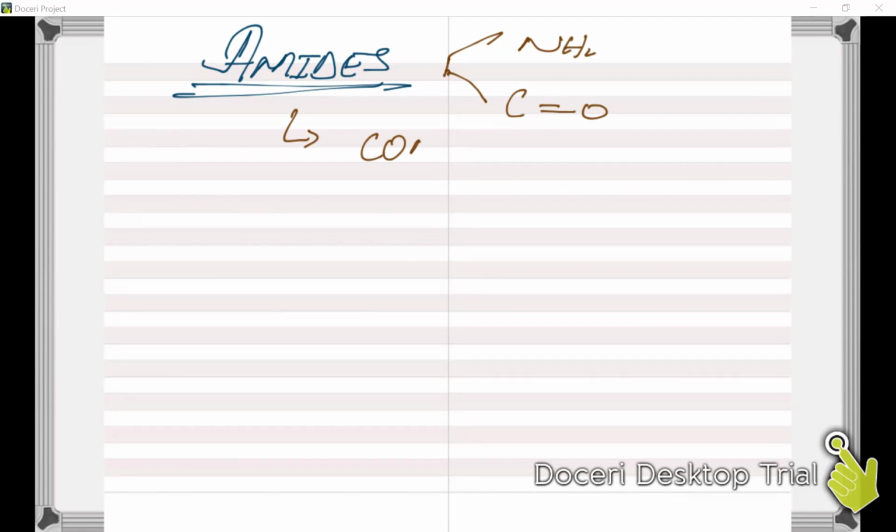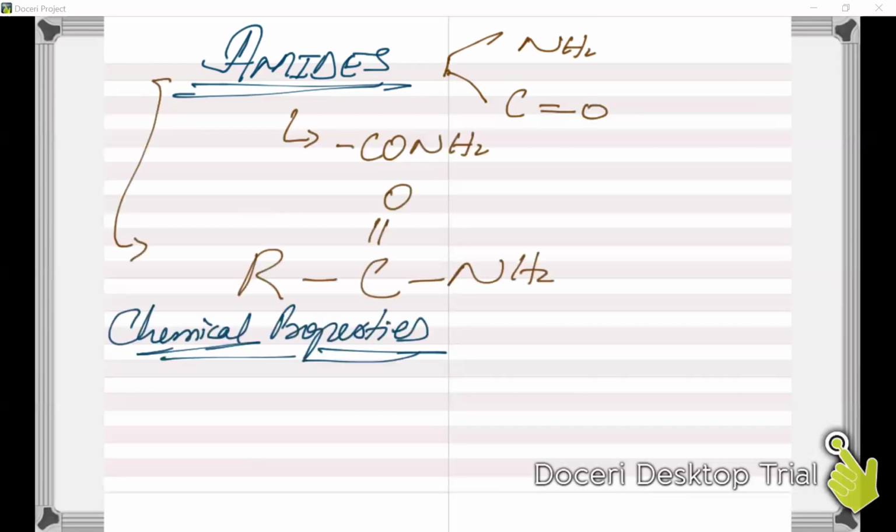So quickly, I'll move towards their chemical properties. If chemical properties are concerned, what do we say? We say that they are less basic than amines, but they are basic. So let's first conclude one thing, that they do have basic properties.